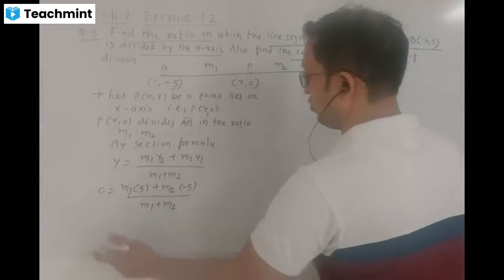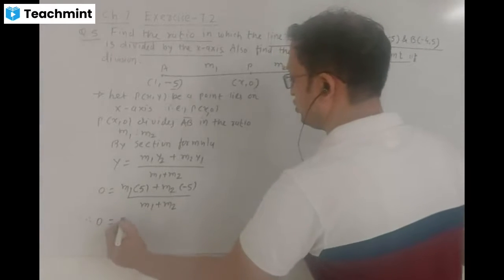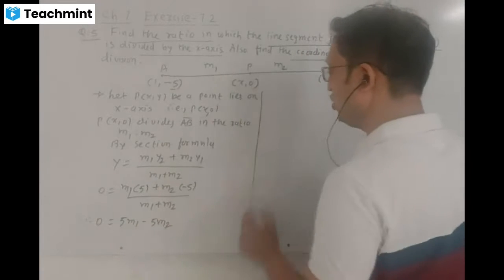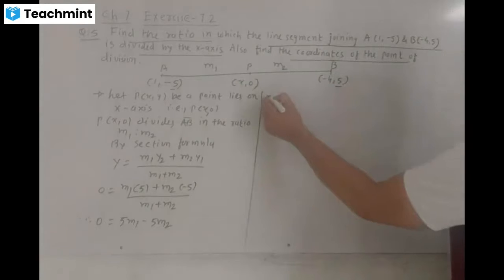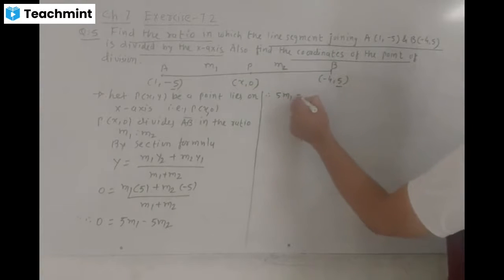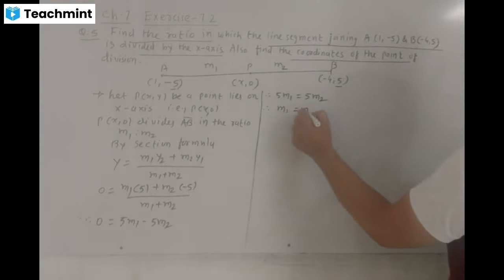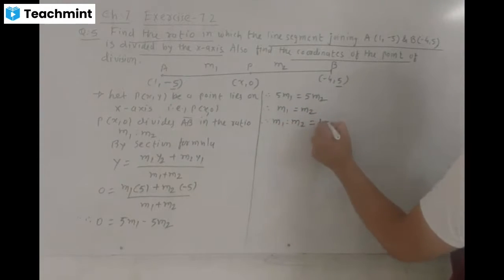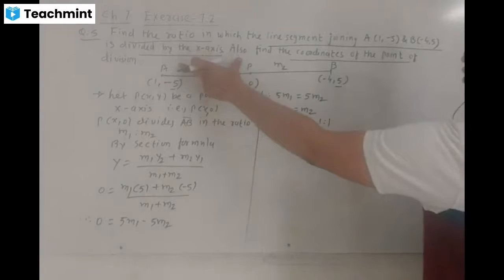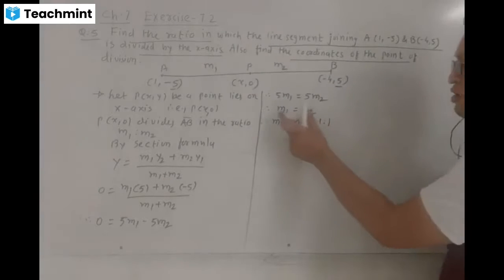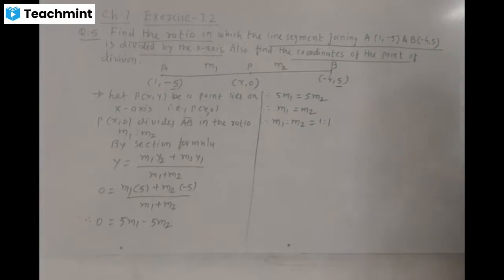Multiplying by (m1 plus m2), 0 is equal to 5m1 minus 5m2. Therefore 5m1 is equal to 5m2. Therefore m1 is equal to m2, so m1 ratio m2 is equal to 1:1. If the ratio of AP and PB are equal, then P is the midpoint of AB. Okay, both are equal, therefore m1 ratio m2 is equal to 1:1.